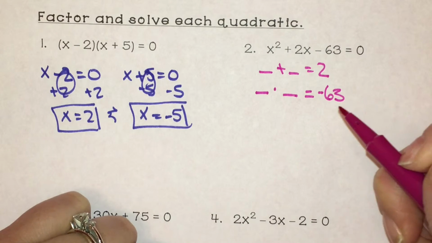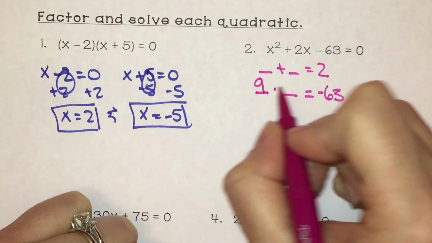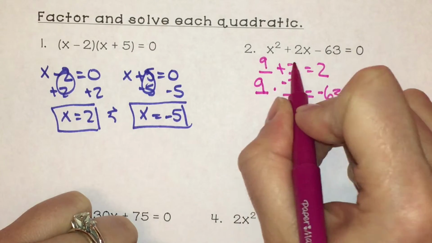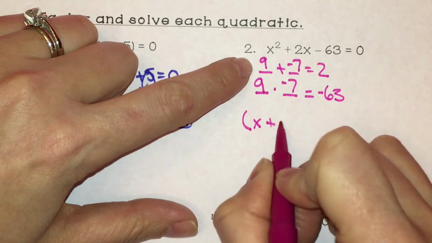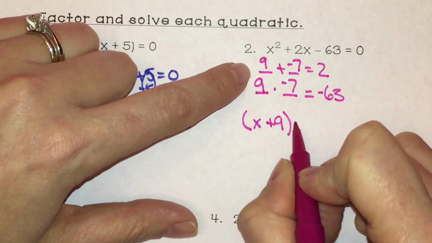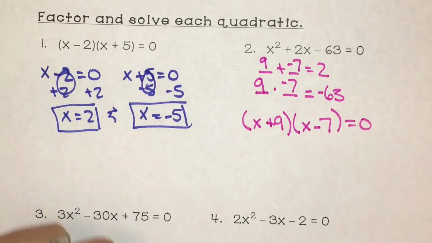So I'm going to say positive 9 and negative 7. So we have x plus 9 times x minus 7 is equal to 0.